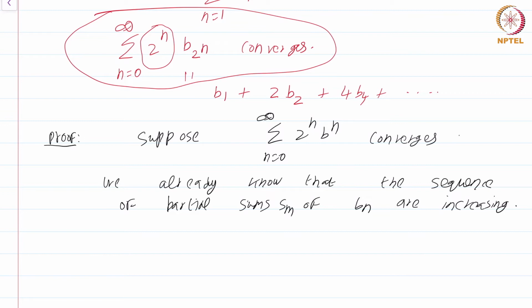So what I'm going to do now is determine what Sm is using the fact that this series, summation 2 power n b 2 power n, converges.